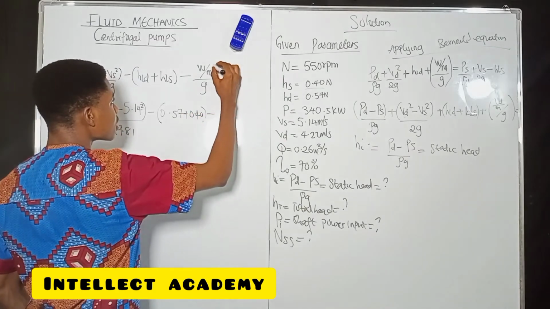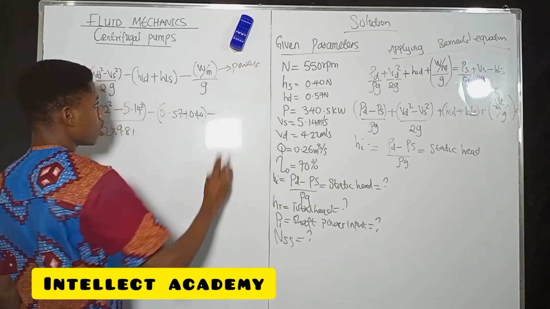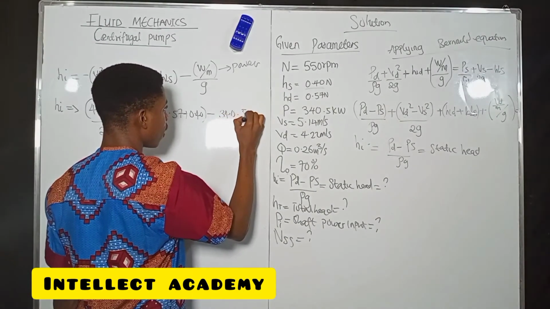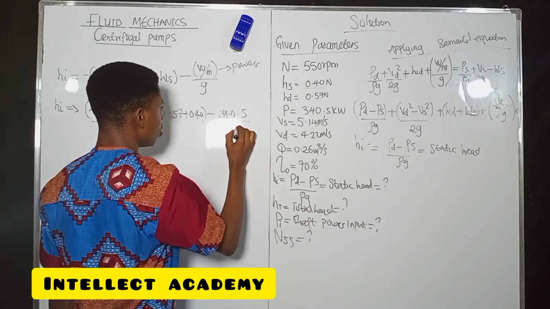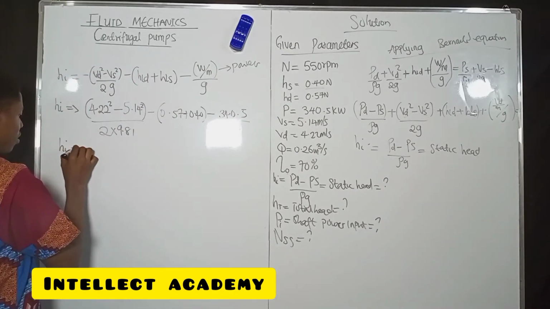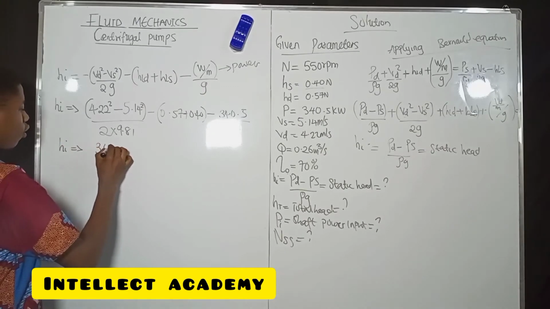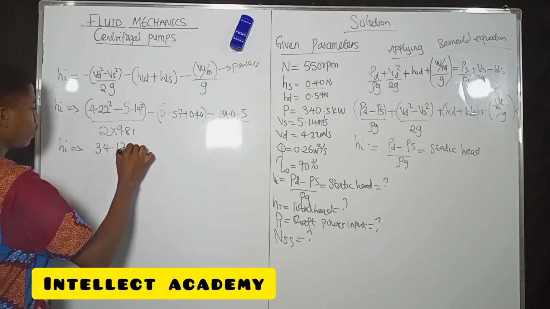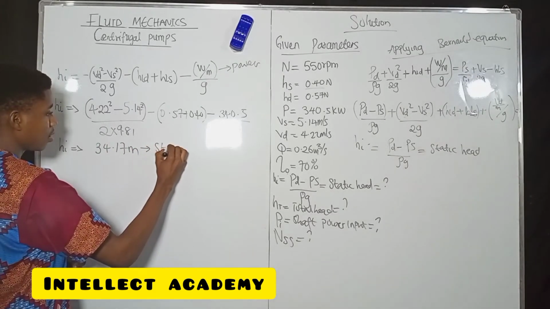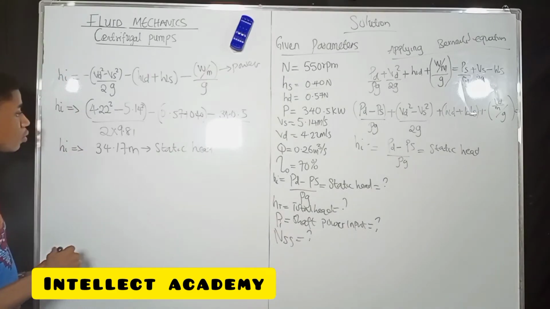Then take note that everything you see here is going to give you the power. So we have the power as 34.5 over G, which is 9.81. When we do the arithmetic operation, we have 34.17 meters. Take note that this is the static head developed by the pump.